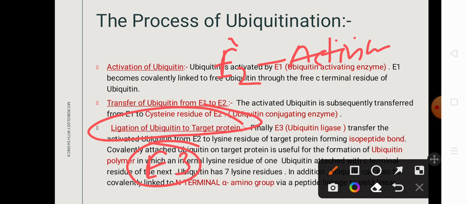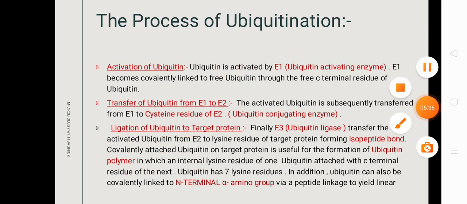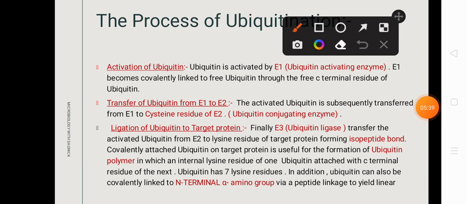And there will be formation of an isopeptide bond. This is very important for any kind of MCQ exam purposes, right? That is, ubiquitin is attached via isopeptide bond formation with the lysine residue of the target protein. You have to remember this.